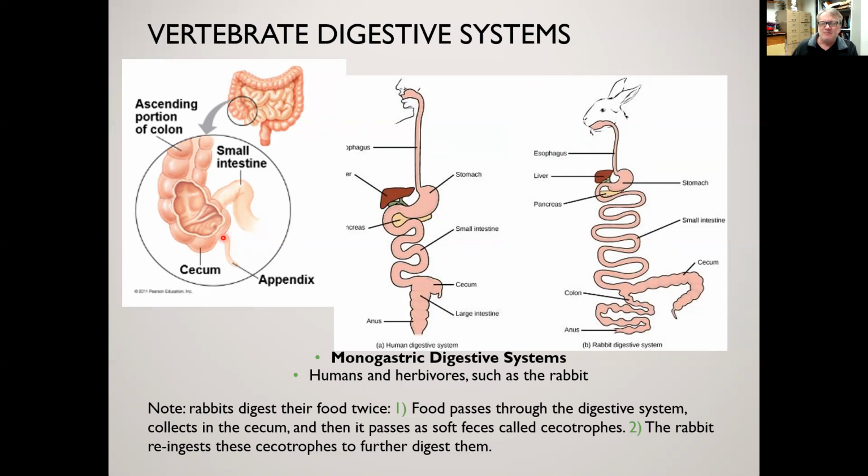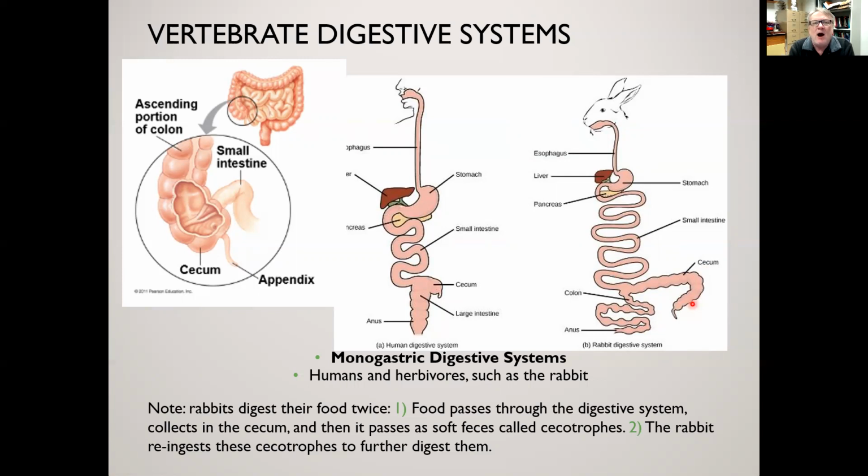But that kind of begs the question of why exactly does the rabbit have such a long small and large intestine? And why does it have such a large cecum? And it has to do with the diet.